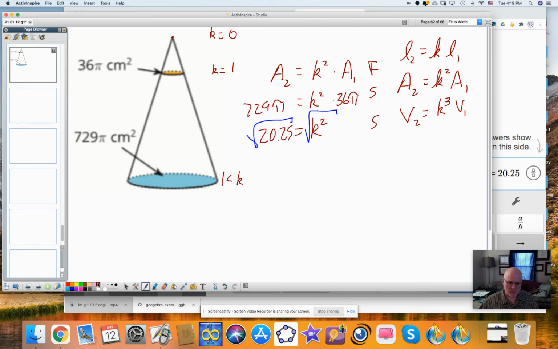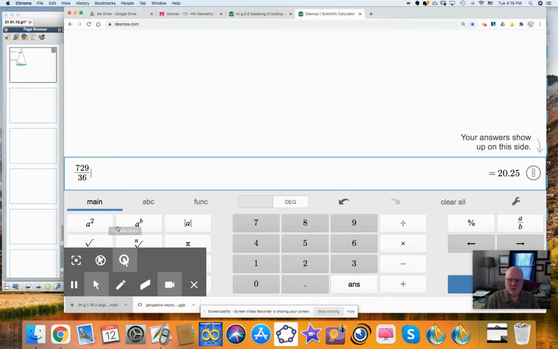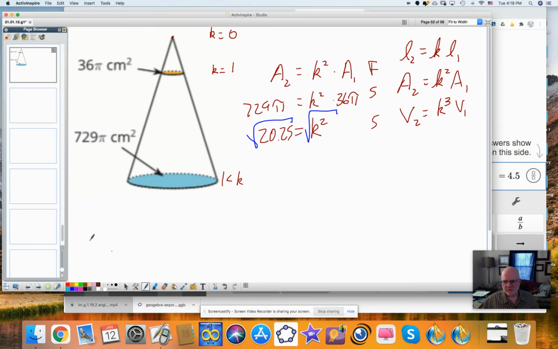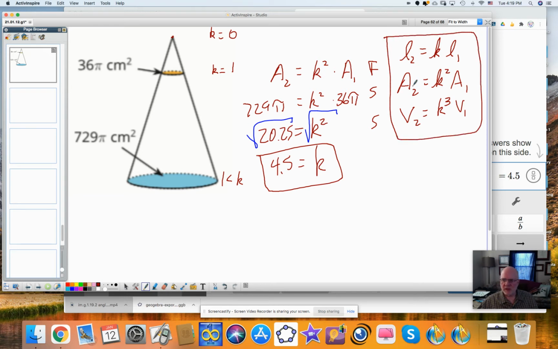I'll take the square root of both sides. So I'm going to take the square root of 20.25. I get 4.5. So my K value, my scale factor is 4.5. And I did this using my knowledge of volumes, areas, lengths, and how the scale factor relates to those.